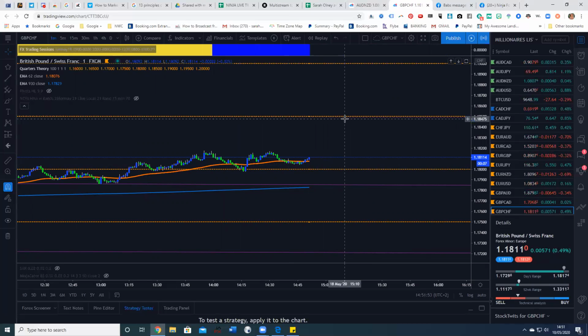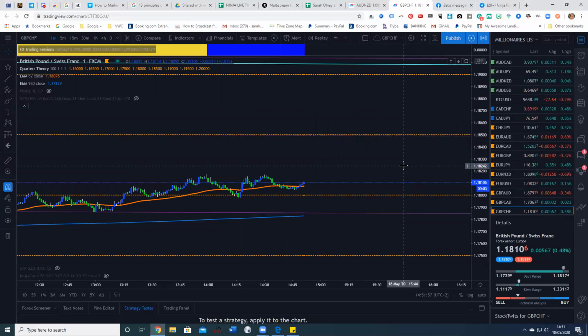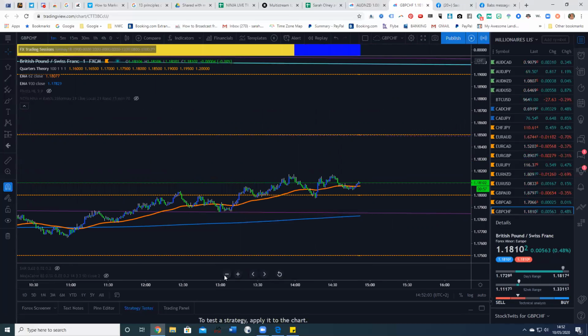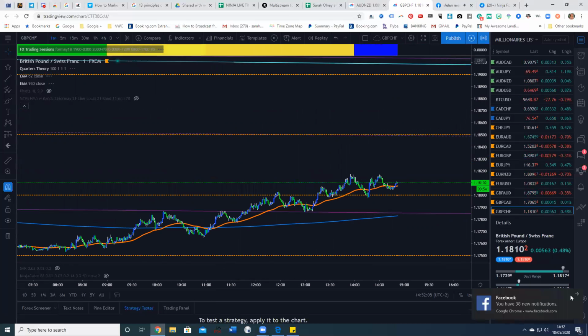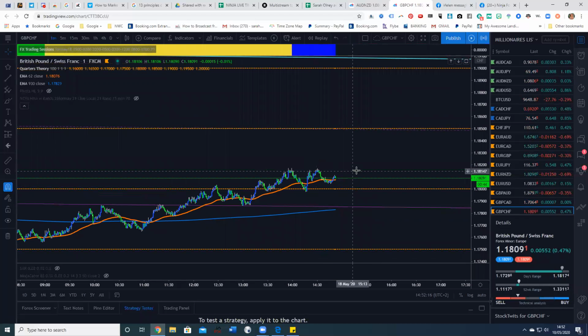It is moving up, and up here you've got pitchfork and quarter theory. So technically speaking, it should be on its way up there. But I do find this a very slow pair anyway. There's your break and retest above the 62. It's broken above quarter theory, but it is a slow pair.